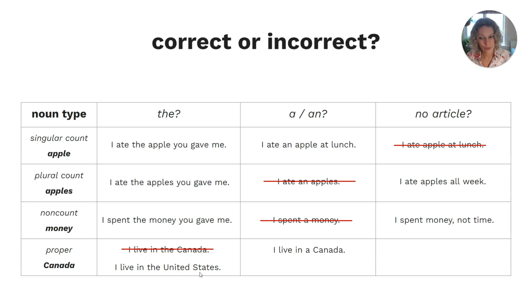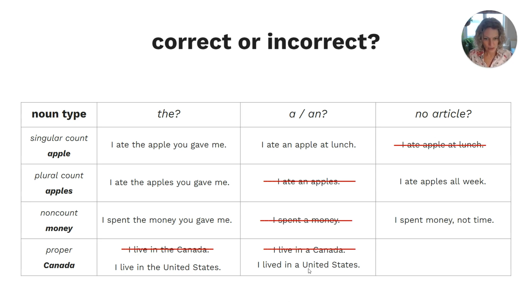Otherwise, you usually don't use the definite article with proper nouns. I live in the Canada. Well, is there a general Canada? Is there one Canada and then another Canada? No. Okay, so you can't say I live in the Canada. Can you say I live in a United States?